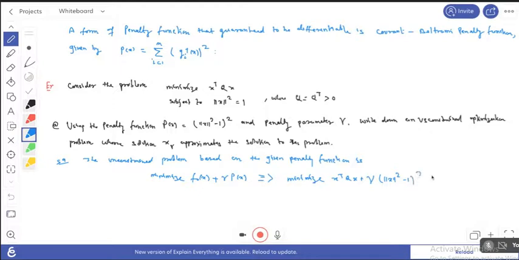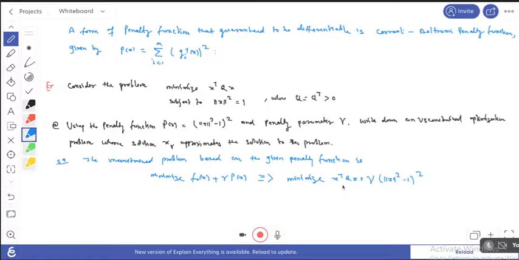Okay, so that's why this is a reduced problem, and that problem is an unconstrained optimization problem, and you have to solve that unconstrained problem by using those techniques. Okay, so by the penalty method, you reduce your constrained optimization problem into an unconstrained one, and then using unconstrained optimization techniques, you have to solve that.